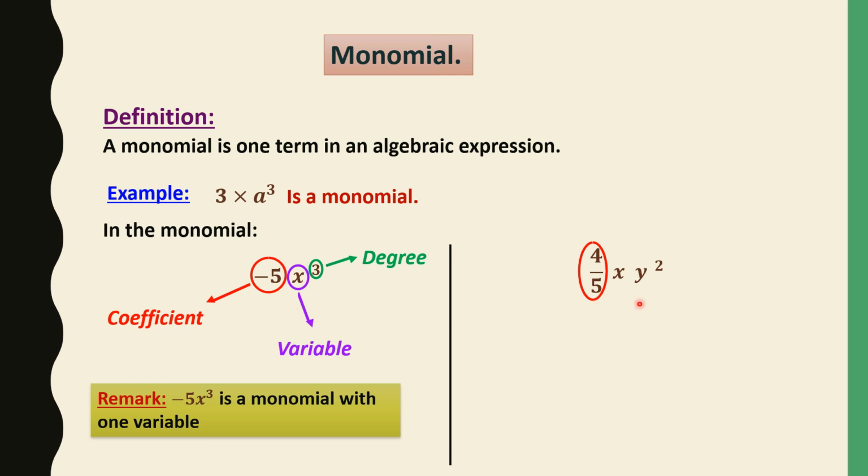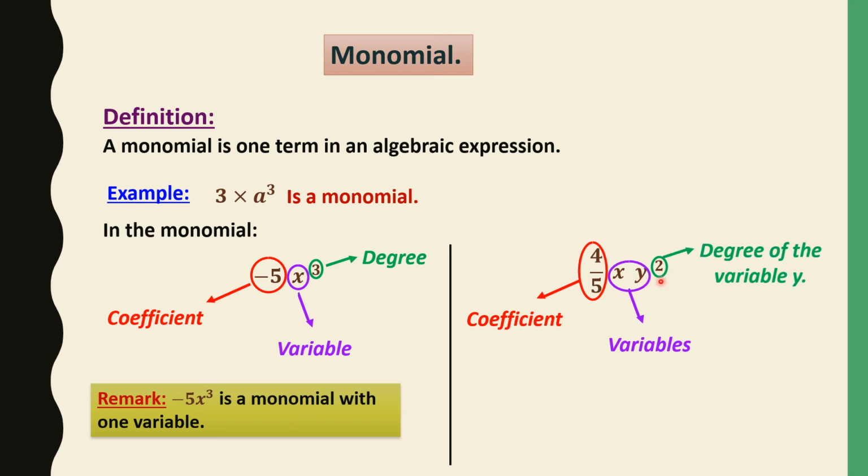This is a monomial with two variables. 4 over 5 is the coefficient. X and y are the variables. And 2 is the degree of y only, degree of the variable y. It's not the degree of x, because it's x times y squared.